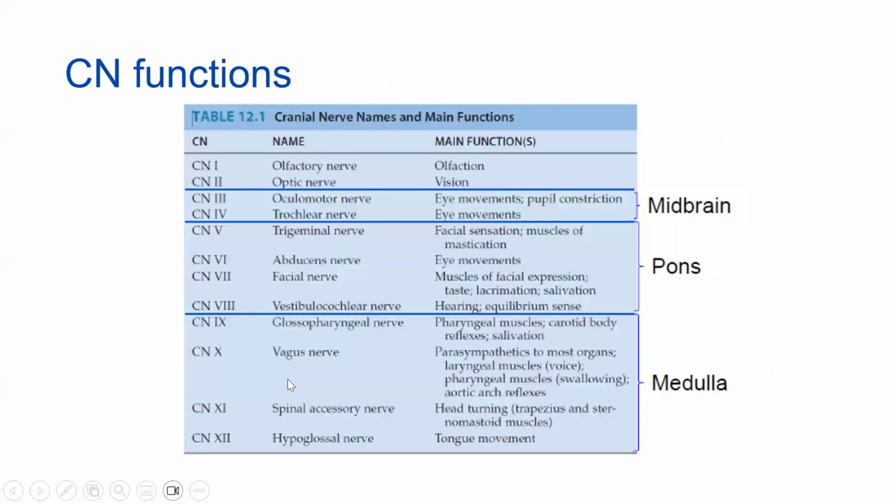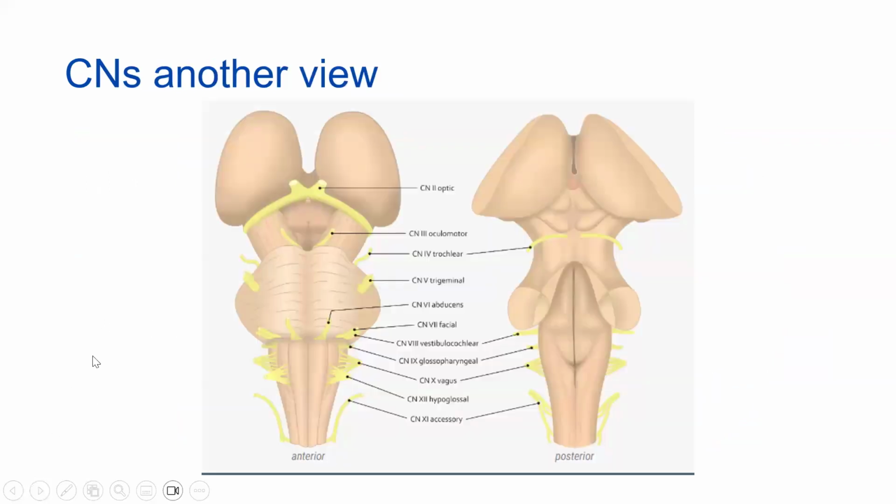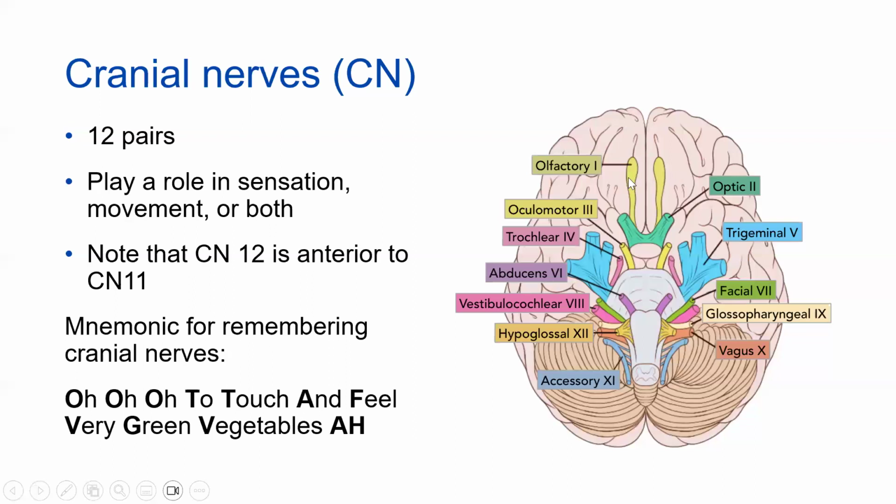Here's a table that lists them out a bit better. So you do want to know the cranial nerves 1 through 12, along with what their names are. So for example, cranial nerve 5 is the trigeminal nerve, but we don't expect you to know all the functions. And we do want you to be able to identify them.